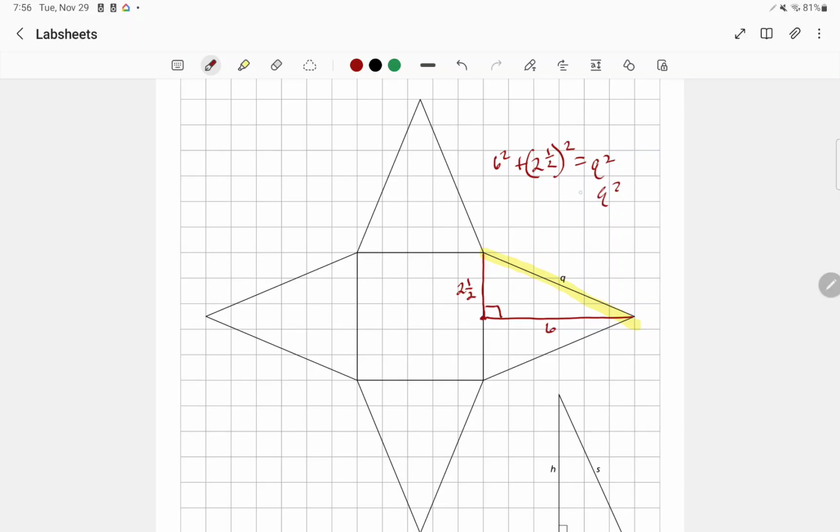So you end up with Q squared is equal to 42 1/4. And so Q is the square root of 42.25. Okay, and this is exactly 6.5.